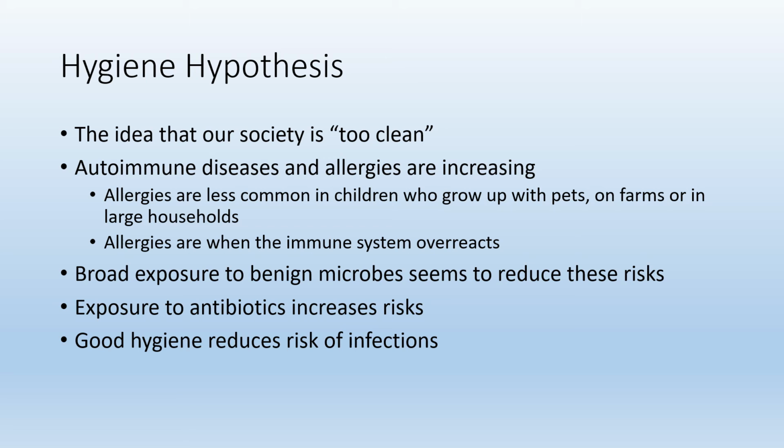Allergies and autoimmune diseases are less common in people who, as children, lived with pets on farms or in very large, complex households. It seems that a broad exposure to benign microbes, things that don't really cause a lot of harm, help to train the immune system and reduce the risk of autoimmune diseases and allergies.